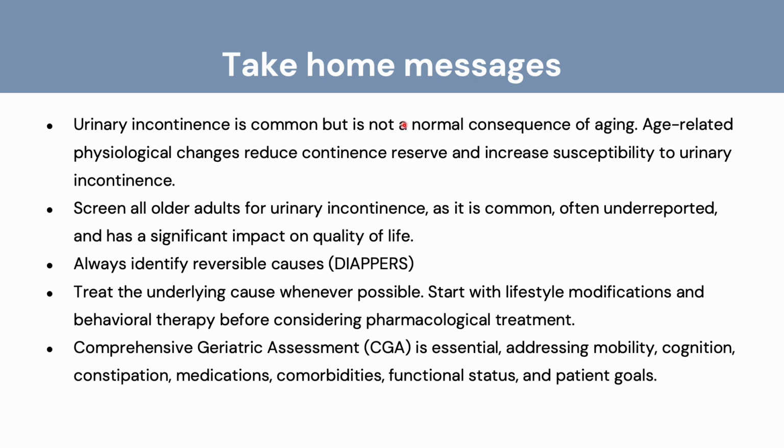Okay, the last slide of the UI. Let's summarize the key messages on UI. Urinary incontinence is common, but is not a normal consequence of aging. Aging reduces the functional reserve of the lower urinary tract, making older adults more susceptible to incontinence.